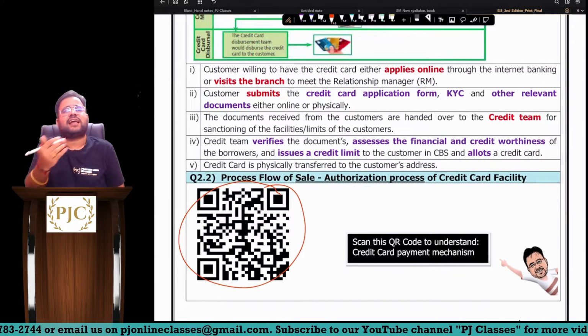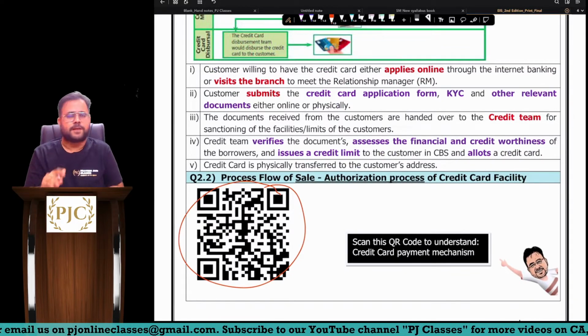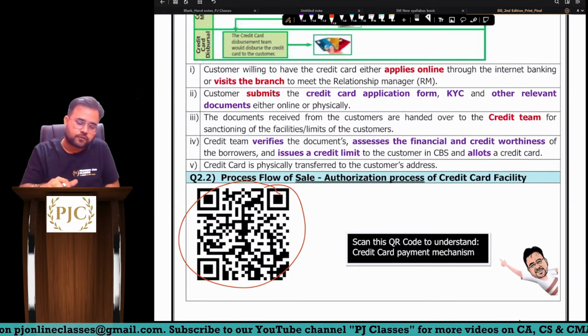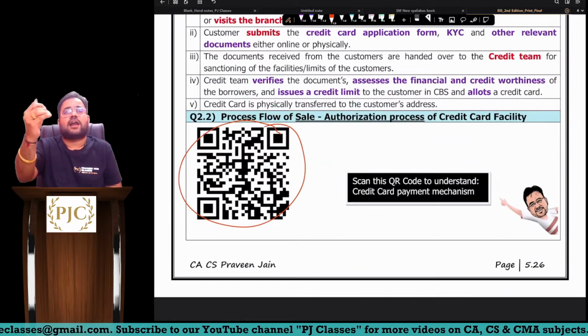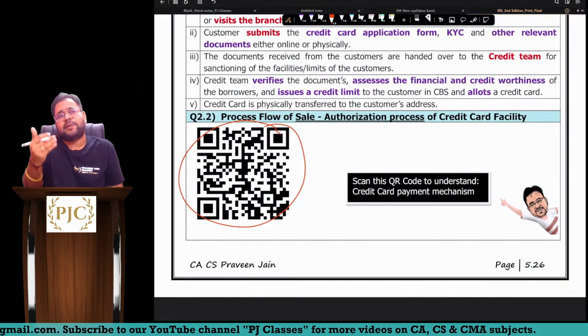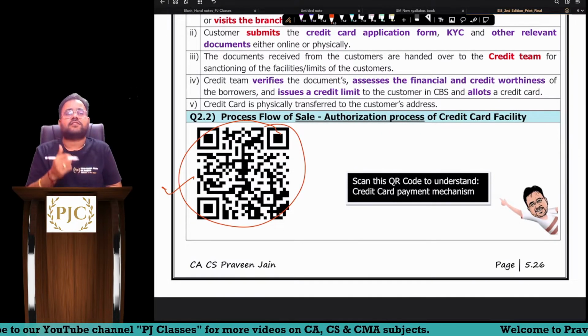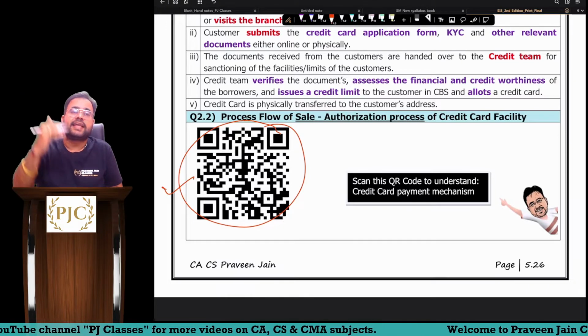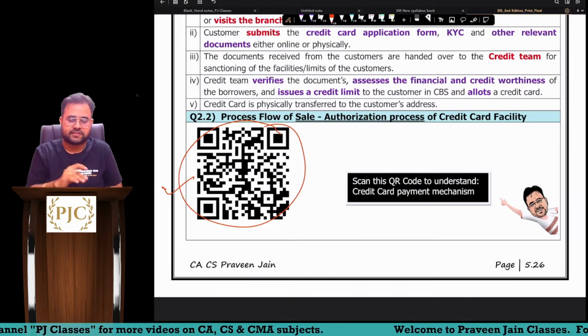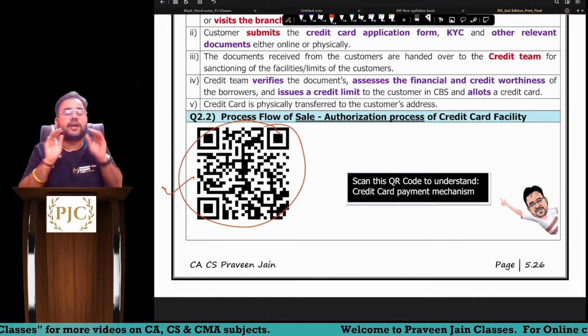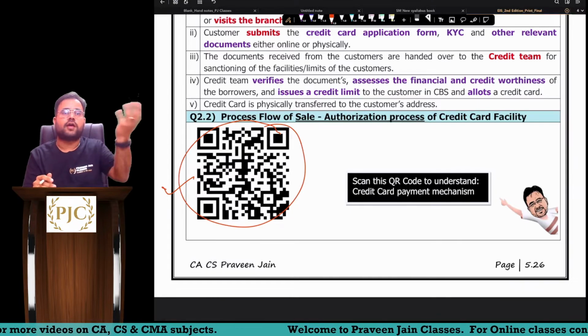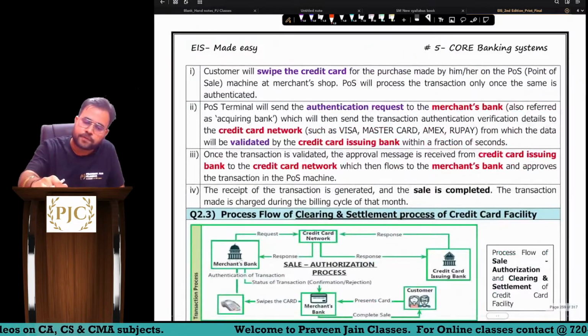Maybe they have taken classes elsewhere or they are doing self-study. I duly respect those people also. Some videos are uploaded on my YouTube channel, but maybe searching becomes difficult for you. So you just scan this and you will be automatically taken to the credit card payment mechanism video. So this is incorporated in the material. Scan the QR code and get the desired result you want.